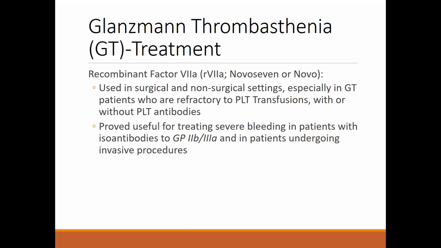So these conditions can happen because of certain antibodies that sometimes we create to the platelets, or just simply because the platelets are not responding to the therapy or to the transfusions.